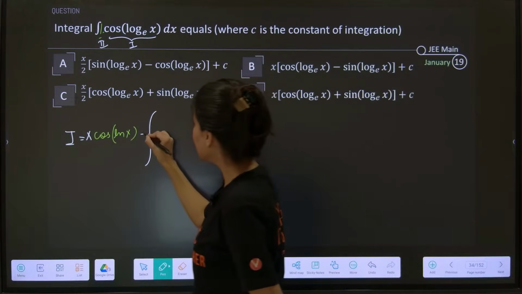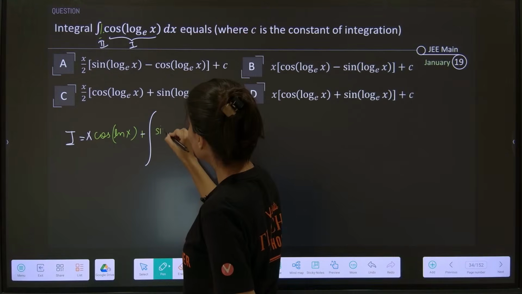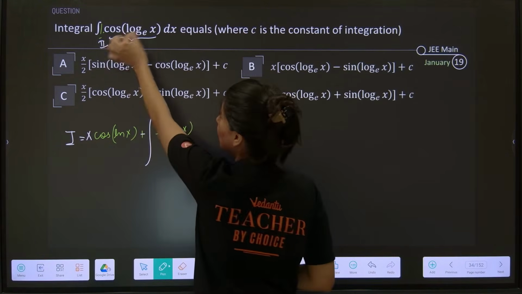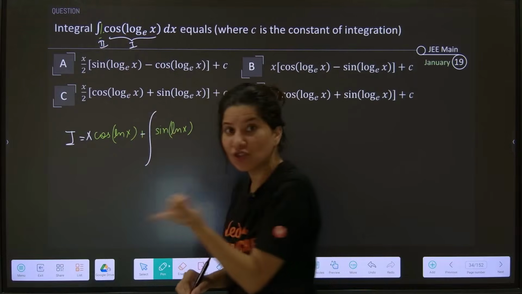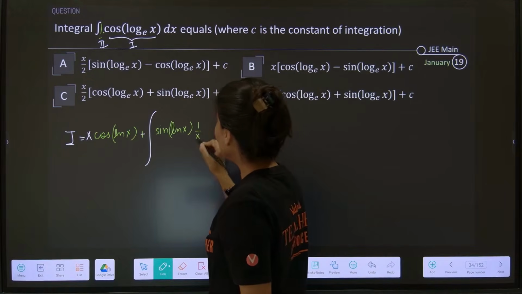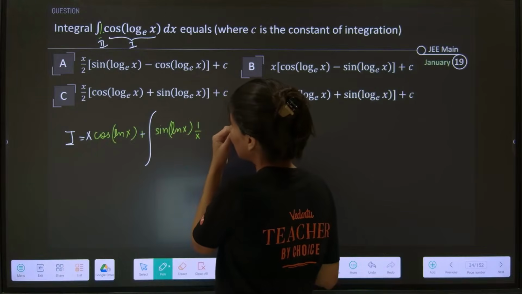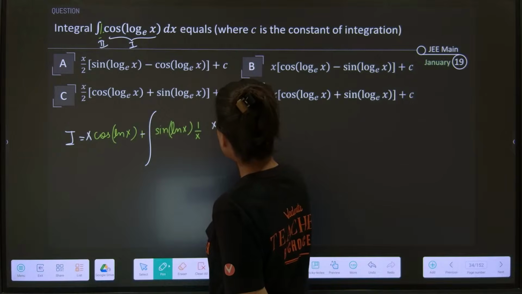Derivative of cos is minus sine, so therefore sign will change, sine of ln x. Derivative of cos of ln x, right? So derivative of cos is minus sine, ln x is kept constant. Chain rule, log x derivative again because of chain rule, so log x will be differentiated 1 by x. Okay. Now integration of second, that means x dx.